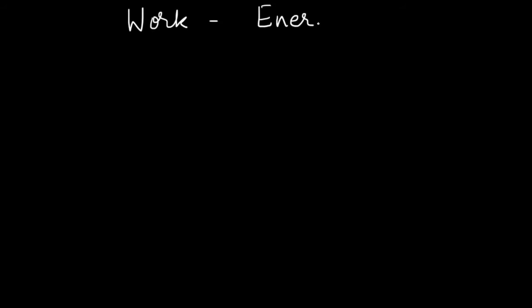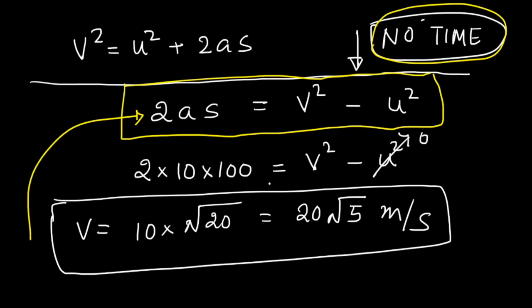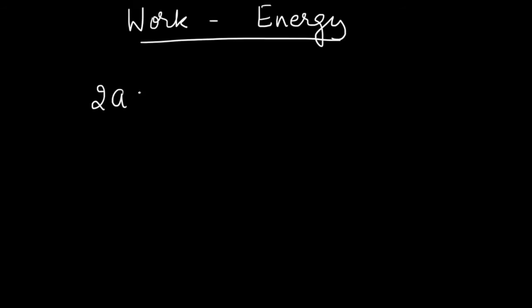We haven't uttered those words yet, but believe me, the key to this work energy theorem is our equation, which says 2as is equal to v square minus u square, which you already seem to know, and I'm going to write a word here, theorem, which we still have to justify.